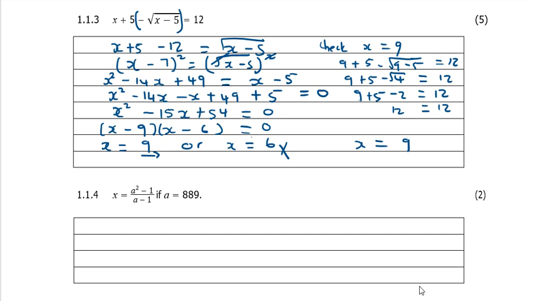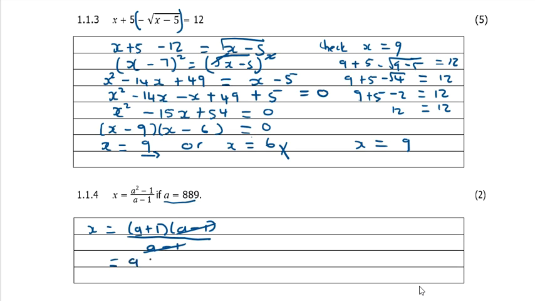Again, we're solving for x, but we're also given our expression in terms of a, and we're told that a is equal to 889. So we first want to factorize our numerator. We can factorize our numerator into a plus 1, a minus 1. And of course, those two will cancel.